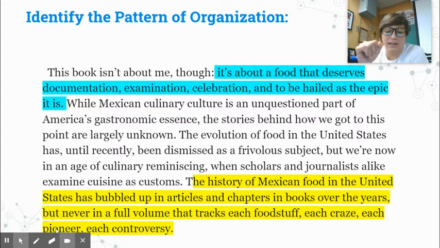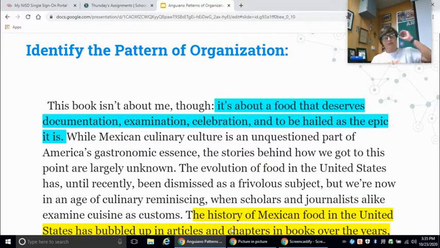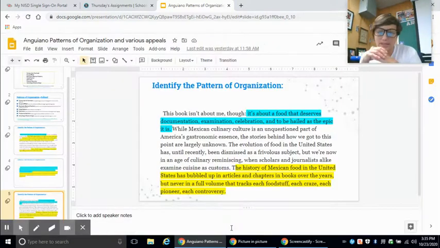No one's celebrating it, right? And so his solution is to write full books, full volumes of books that tracks each food, each craze, each pioneer, and each controversy. All right, so that was the correct answer for those three essays or those three paragraphs. Like I said, if you guys are still having a hard time identifying these patterns, please reach out to me and I can help you through that.